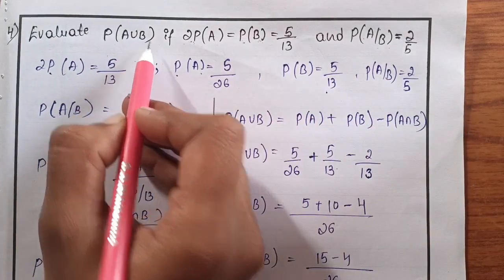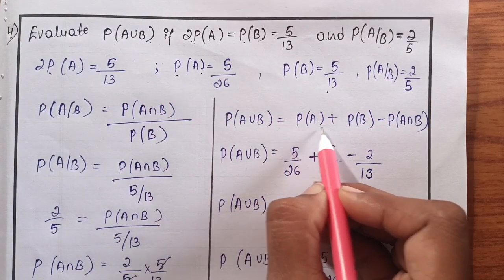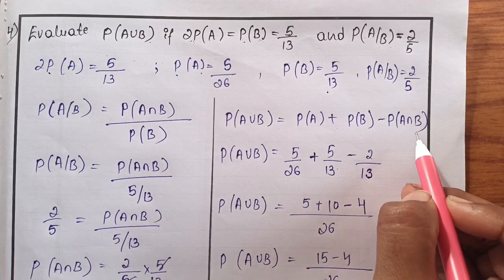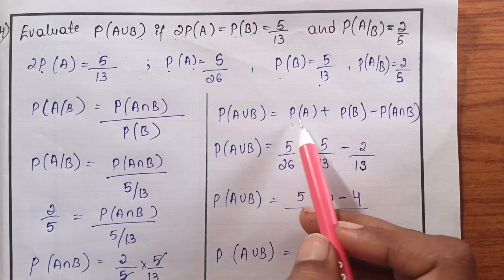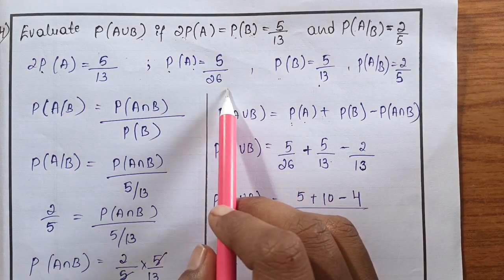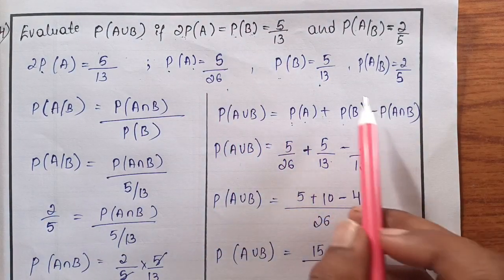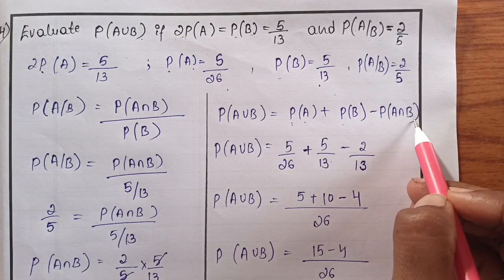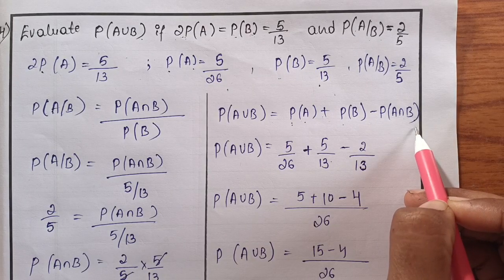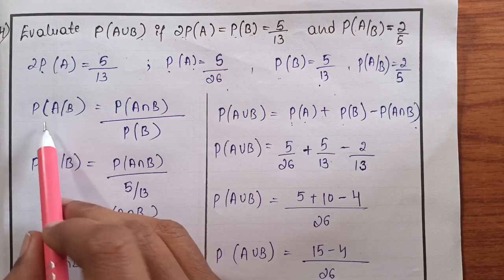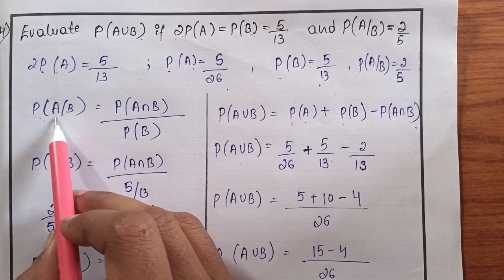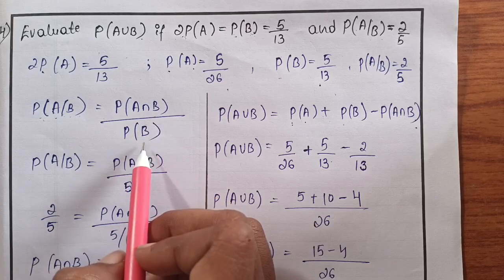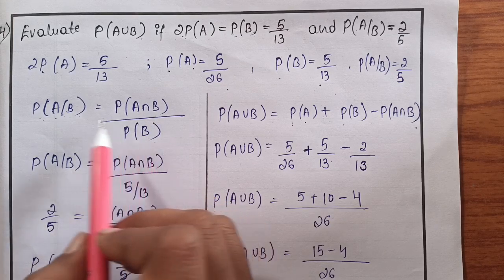The formula for probability of A union B is probability of A plus probability of B minus probability of A intersection B. The value of probability of A is 5 by 26, and probability of B is 5 by 13. And what is the value of probability of A intersection B? So we find out the probability of A intersection B. We use the formula probability of A by B equal to probability of A intersection B divided by probability of B. Why do we use this formula?